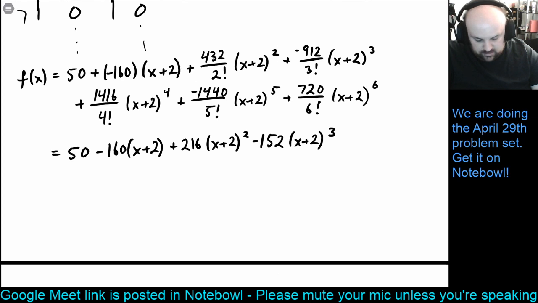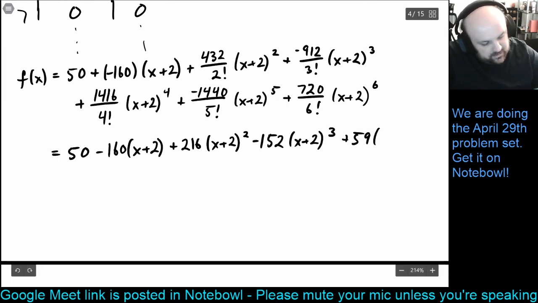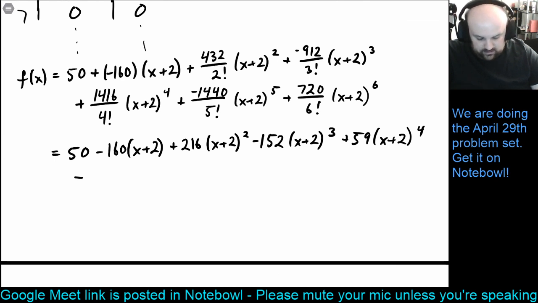Let's see. 1416 divided by 24. That's plus 59. x plus 2 to the 4th. Minus, let's see, 1440 divided by 120.